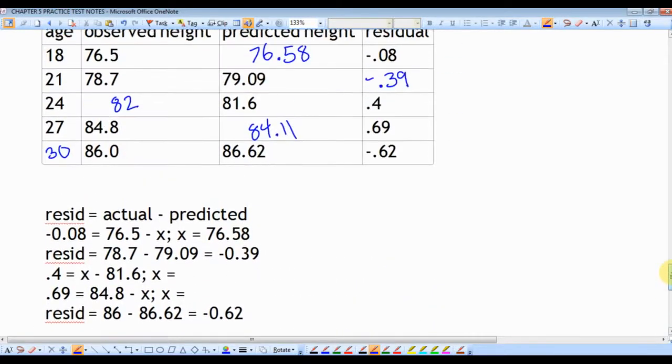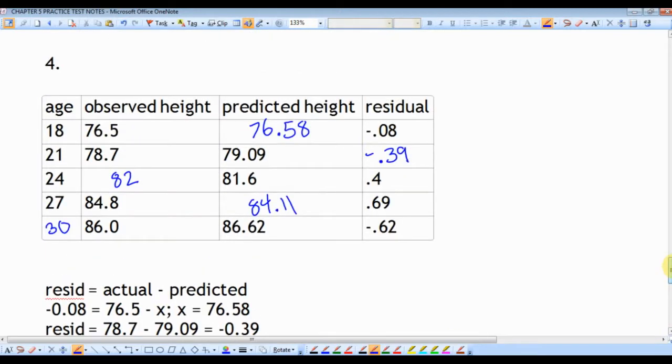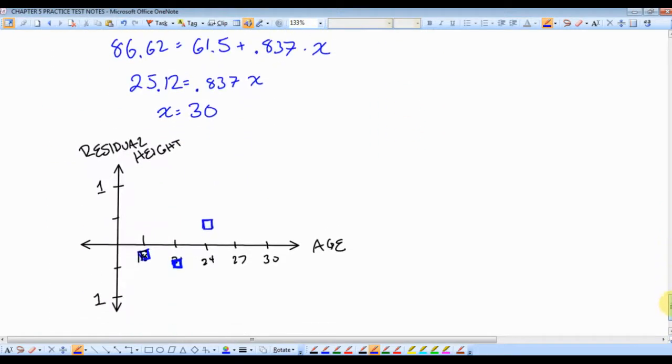The next one is 24 and positive 0.4. Next one is 27 and positive 0.69. And 30 is negative 0.62. For all of these, you're just estimating where they are. Do a fairly good job estimating, but don't drive yourself crazy.